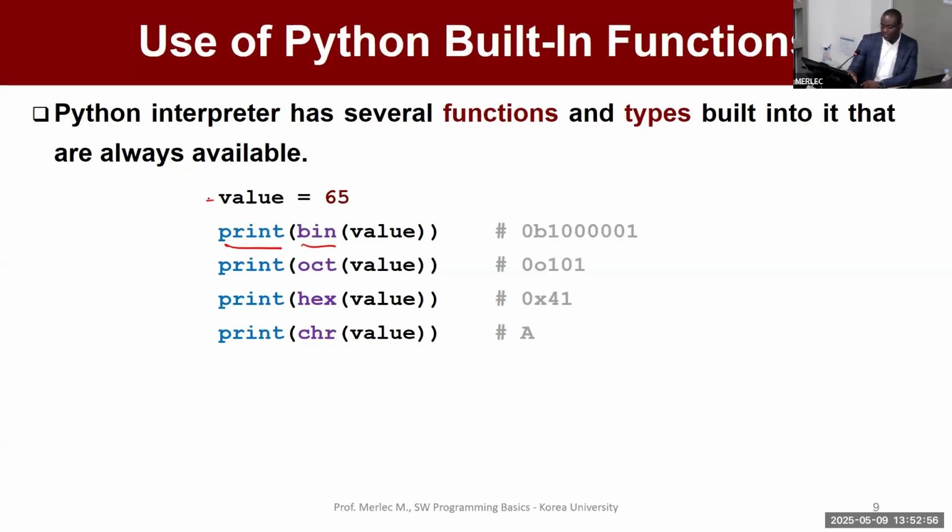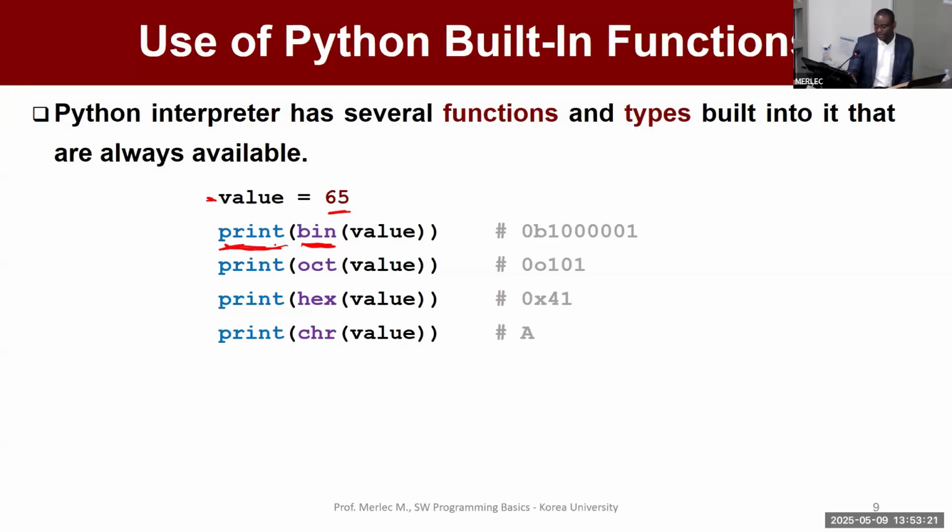Like in this line, we have value, which is a variable initialized with an integer value, which is 65. And then using the bin function, we convert the 65 integer value into the binary representation.